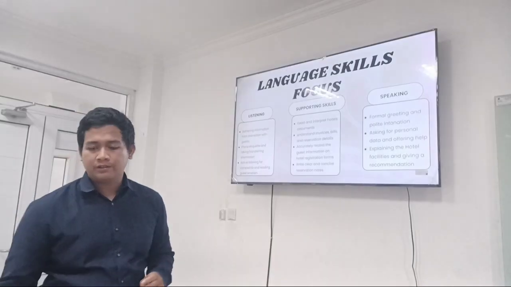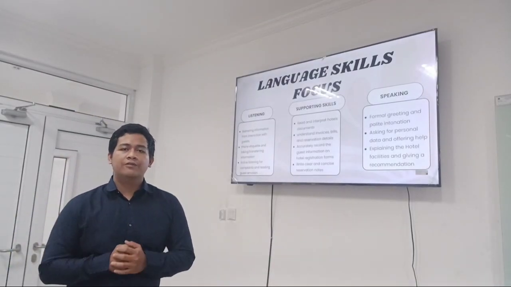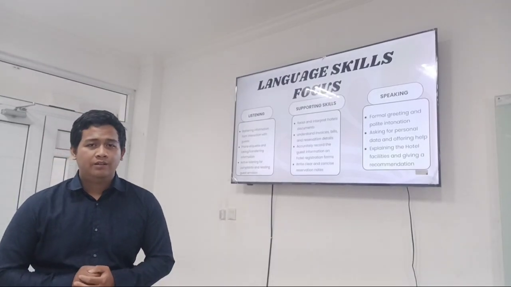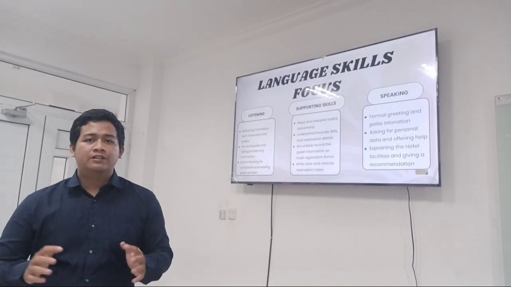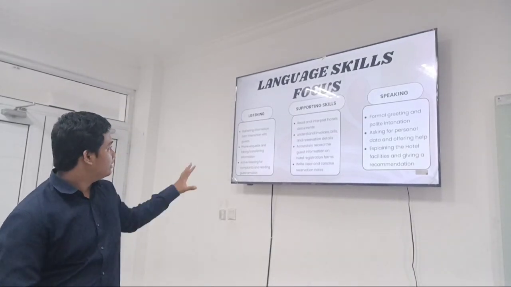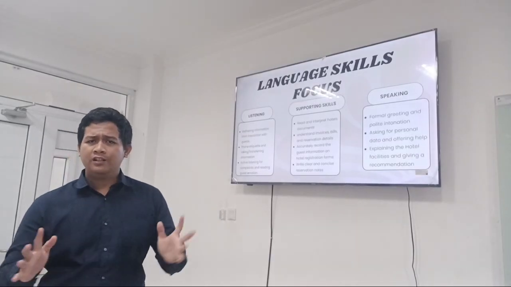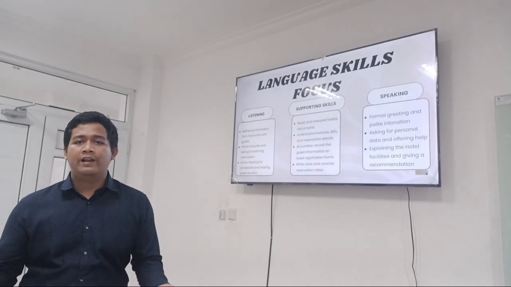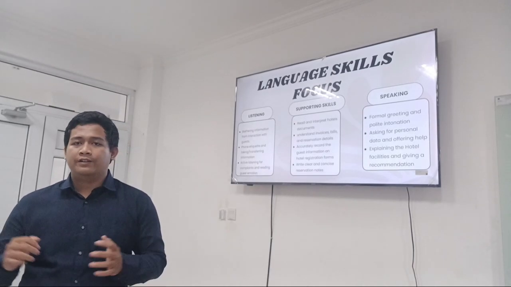And the next one is linguistic focus. Based on this finding, this course prioritizes speaking and listening as the main skills, with reading and writing as the supporting skills. The first is listening. Listening skill helps the learner gather information from the guest, understand complaints, and follow relevant actions.